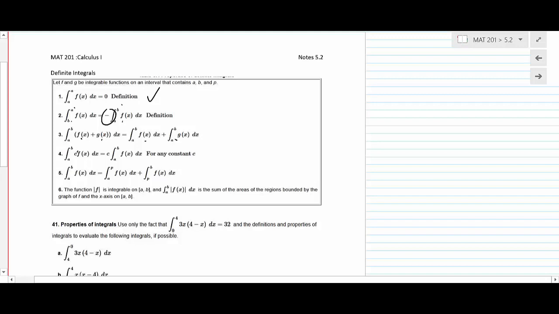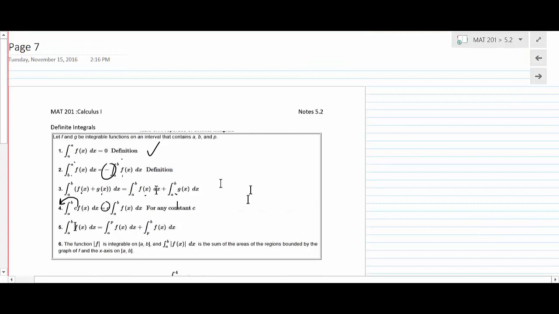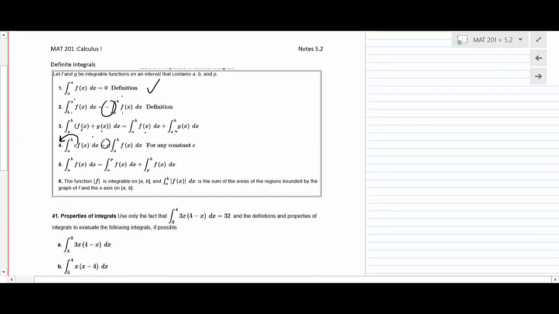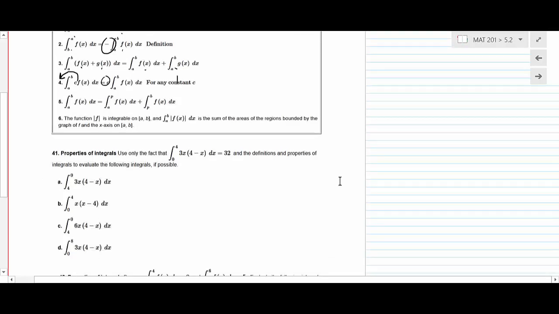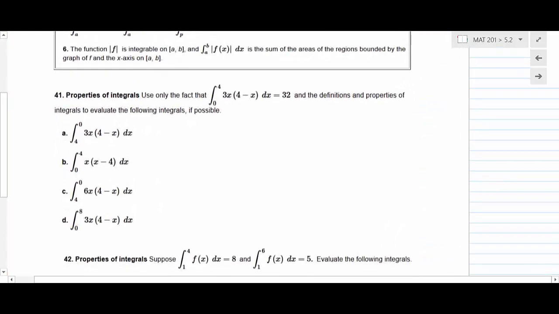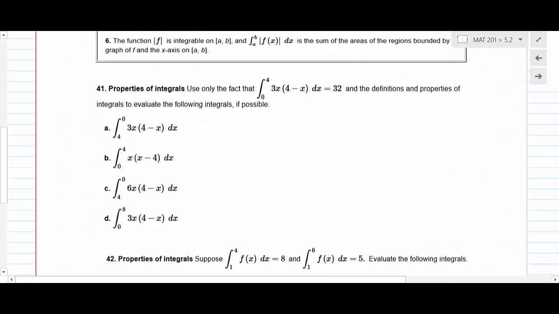If you have a constant multiplied by your function, then you can bring that out of the integral. That works the same way like on a summation also. And then this one is just saying the diagram that I did on the previous page. It's just saying you can break an integral up into two pieces where that p would represent some number in the middle.